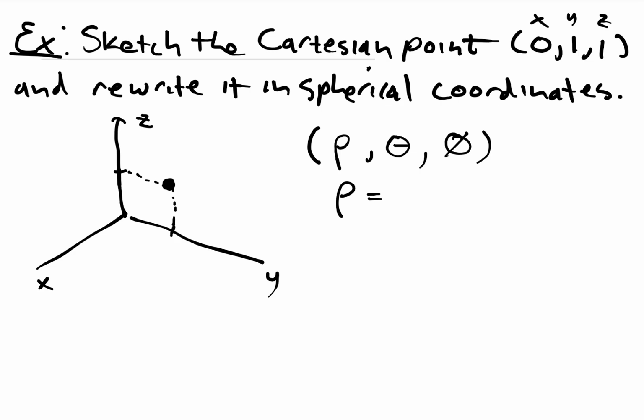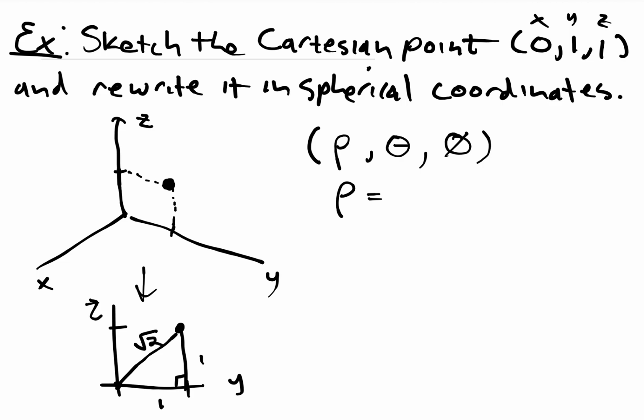If I think about what's going on in a two-dimensional sense, with just the y and z axes here, we can worry about this straight line distance from that point to the origin. You can Pythagorean theorem this out or distance formula this out. I can view there as being a right triangle with two legs of length 1. Using the Pythagorean theorem, the distance to the origin should be the square root of 1 squared plus 1 squared. You're basically going to get root 2 as the length for this side.